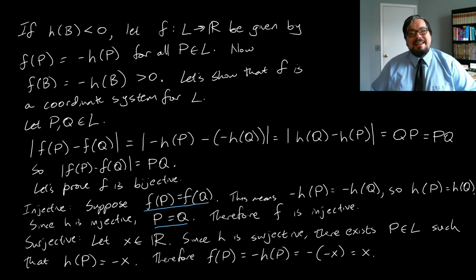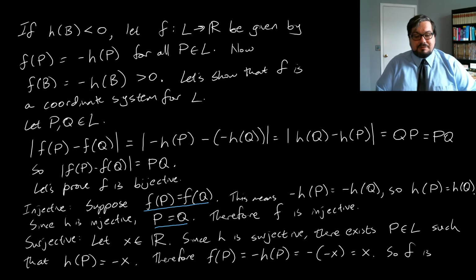So we started with any element of the real numbers, and we found a point in the line that has x as its output when it goes into the function f, and therefore f is surjective. So this means that f is a bijection, and so a coordinate system.